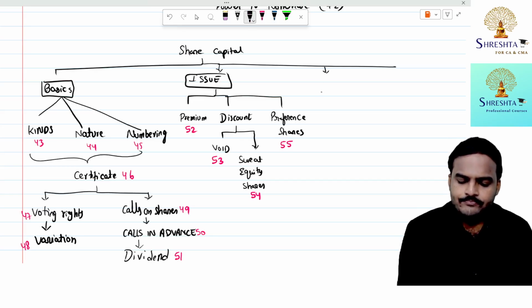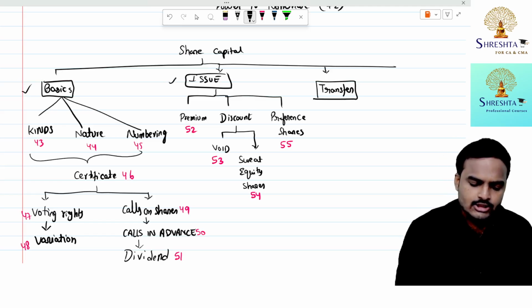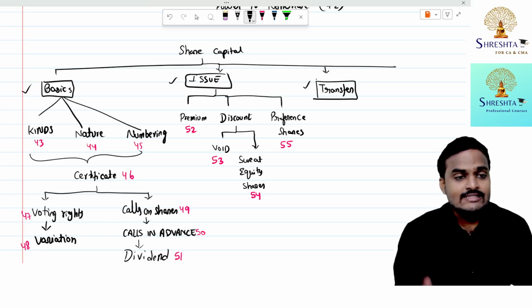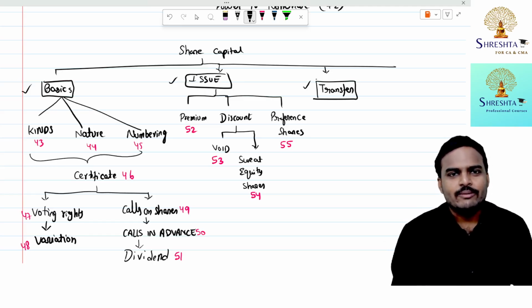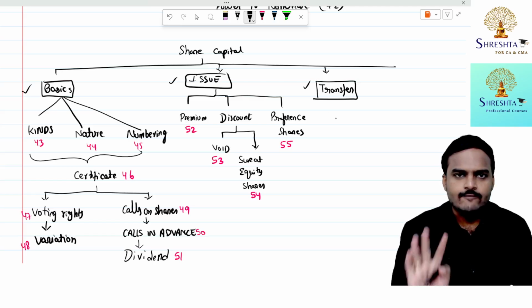Next branch, transfer of shares. First, we discussed basics. Next, issue of shares. Later, transfer of securities. Are you getting my point? In this manner you need to remember, then only you will feel comfortable remembering section numbers. Under transfer, we discussed four concepts.